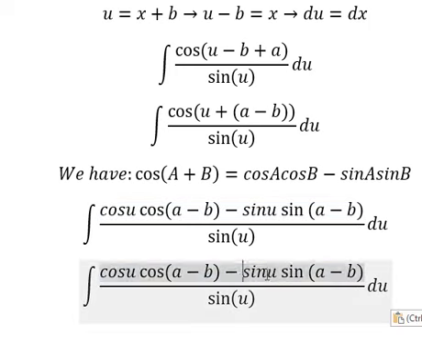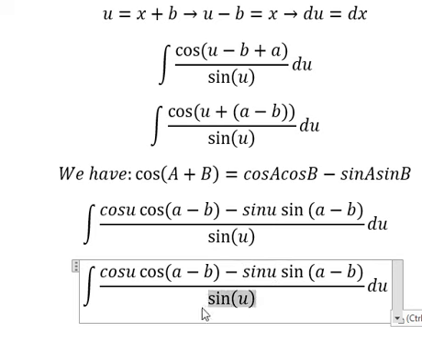So sine u divided by sine u, cosine u divided by sine u, we keep the same. This one you got number 1.